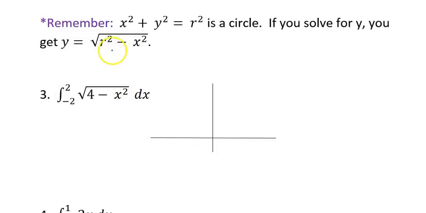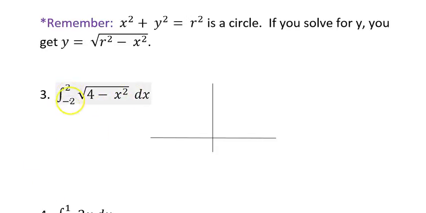So example 3, when you look at it, you may think, okay, this is u-sub, or maybe this is related to an arc trig antiderivative, but it's actually the equation of a circle, and so it's going to be simpler to do it geometrically than to try to do it with rules, because this one really gets kind of nasty if you're trying to use rules.